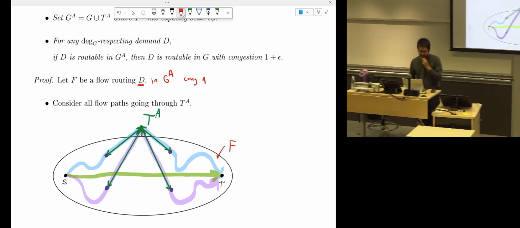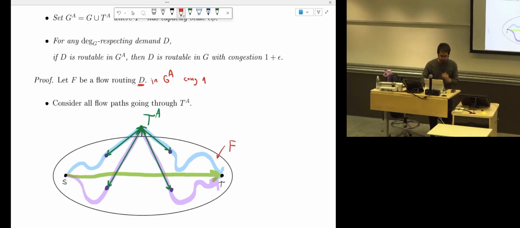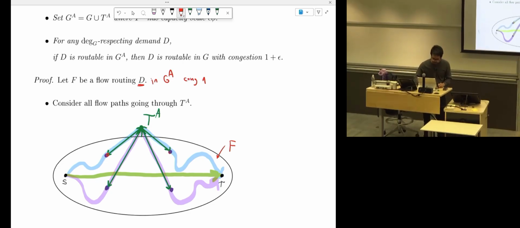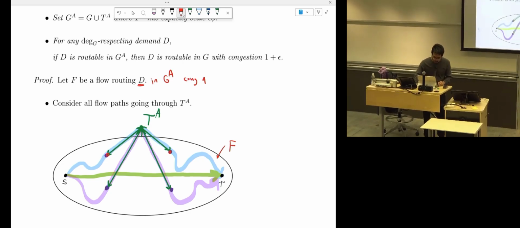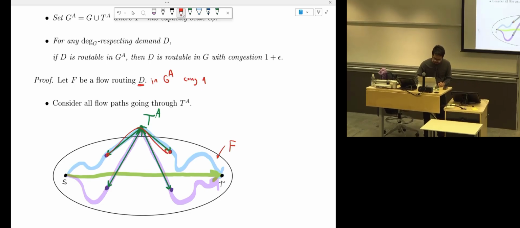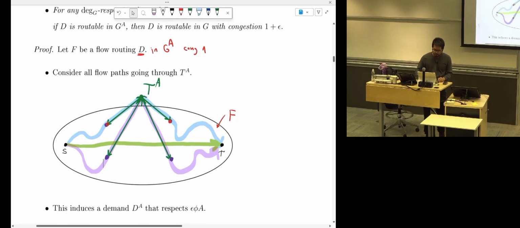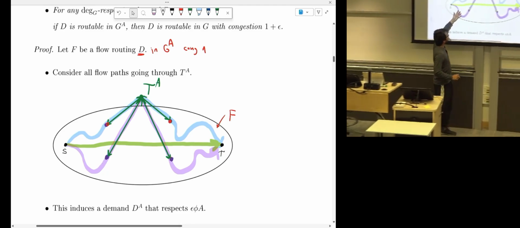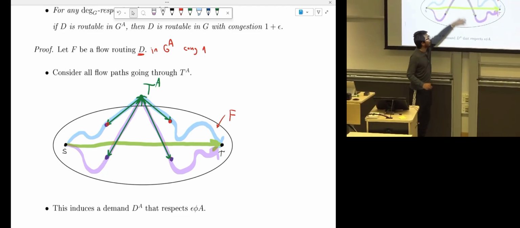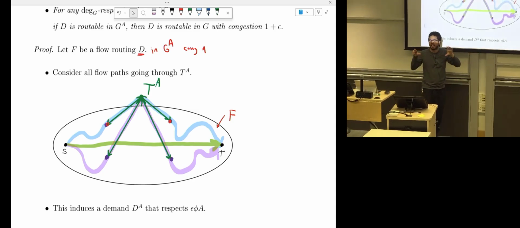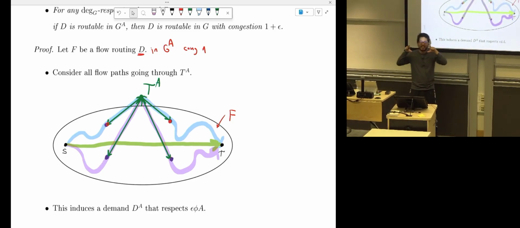So let's look at the flow paths that go through the star. There is one that goes like this and one that goes like this. Just by inspecting the flow paths going through the star, it induces a demand on A, right?